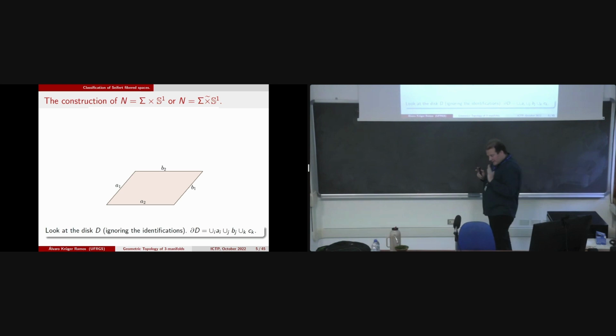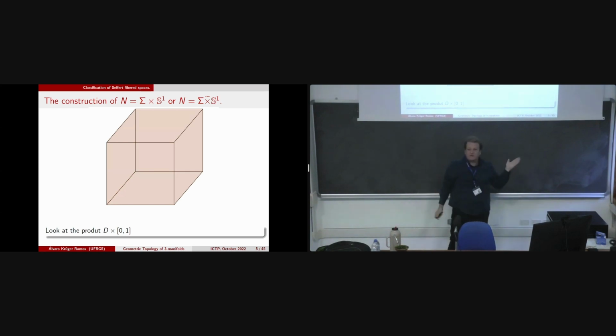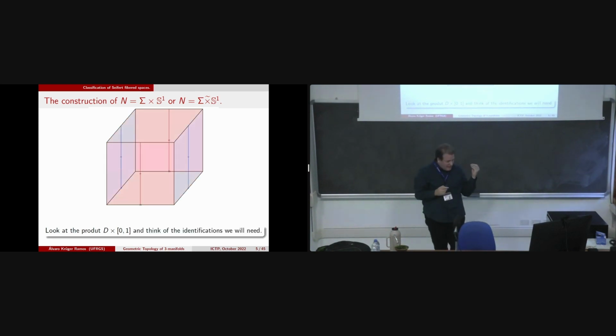So you take this disk, and now you look at the product of this disk with the interval [0,1]. And this is an I-bundle over the disk. Like you have points and you have interval, interval, interval, the most trivial thing that you can create. Now you think of the identifications that you will need.